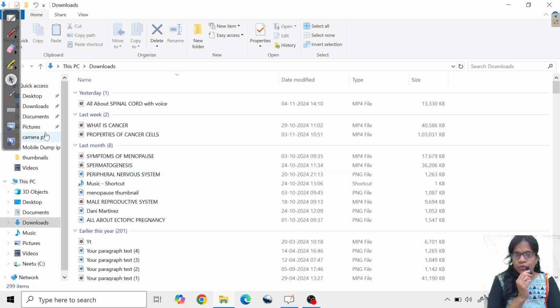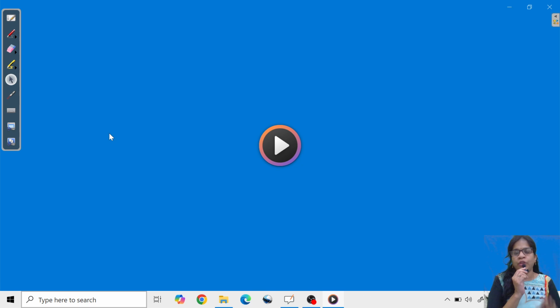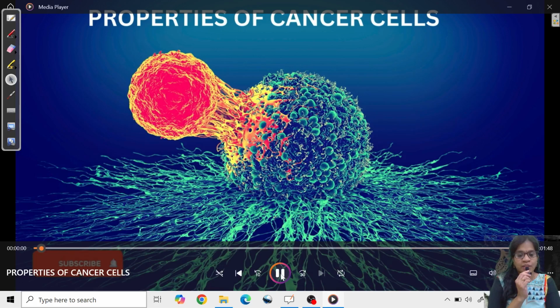Today let's talk about the properties of cancer. The main important thing is that a normal cell has to undergo proliferation, differentiation and survival. These are the main important properties a normal cell has to exhibit: proliferation, differentiation into other cells, and survival capacity.